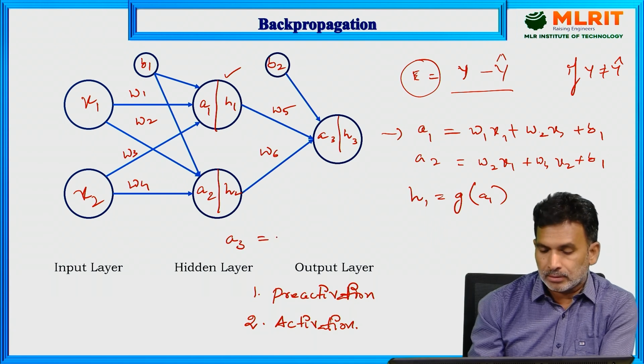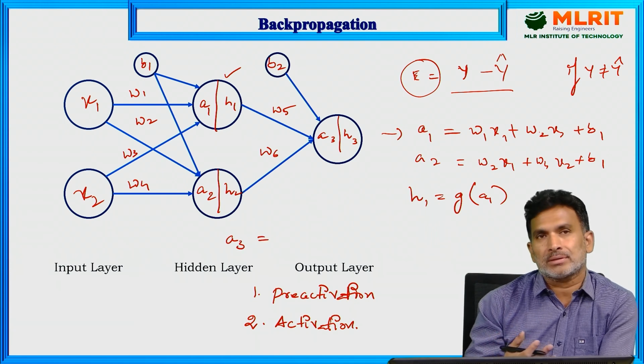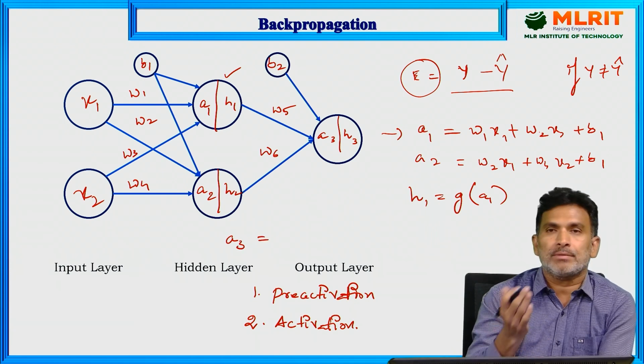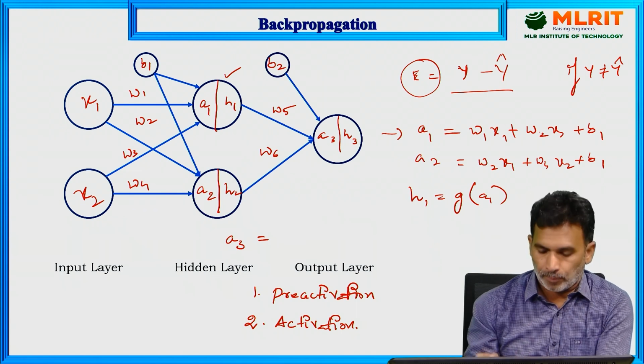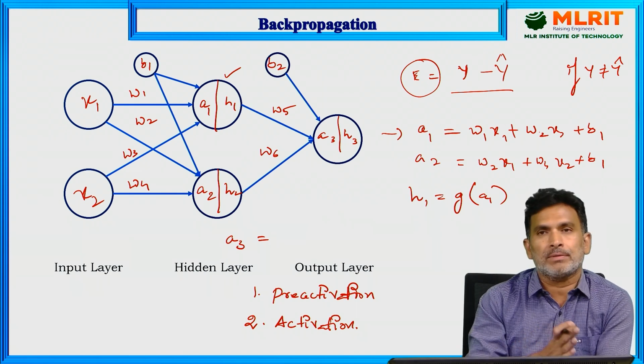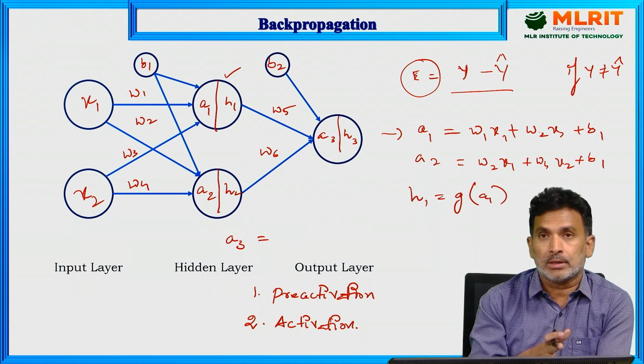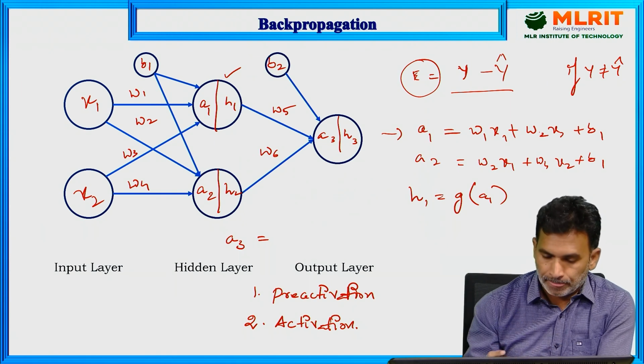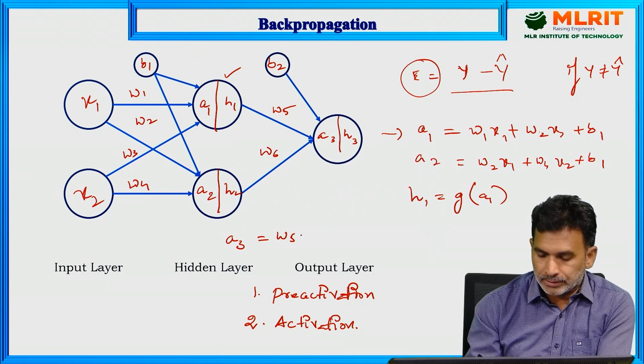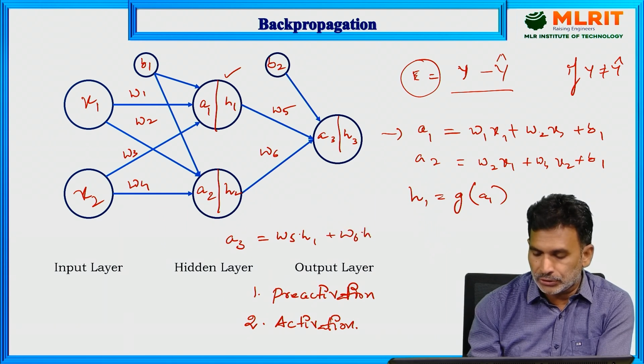And similarly A3. A3 is receiving information from the previous neurons in the previous layer. There are two neurons in the previous layer, that is the hidden layer, with only one hidden layer in this network. So A3 equals W5 times H1 plus W6 times H2, and then bias B2.